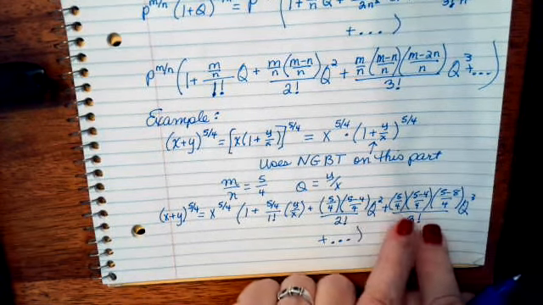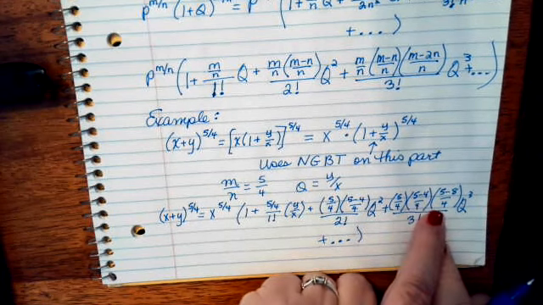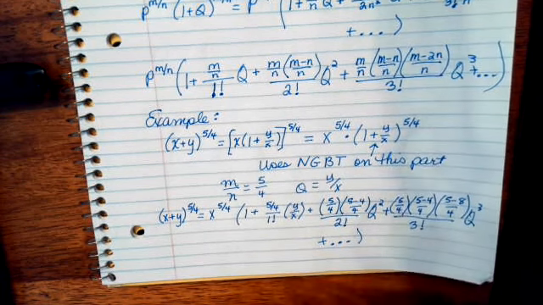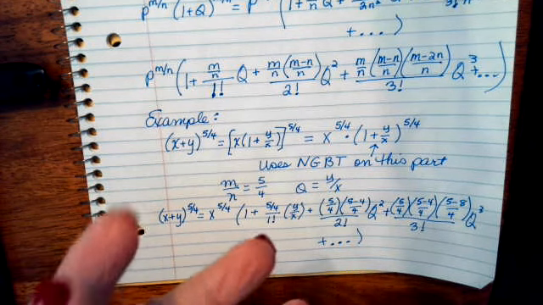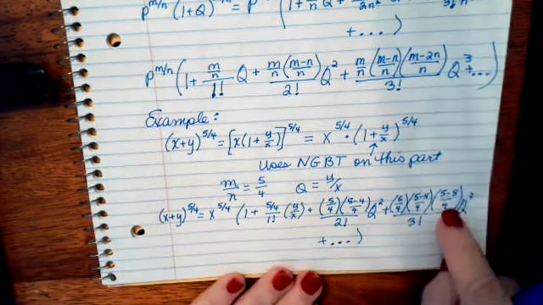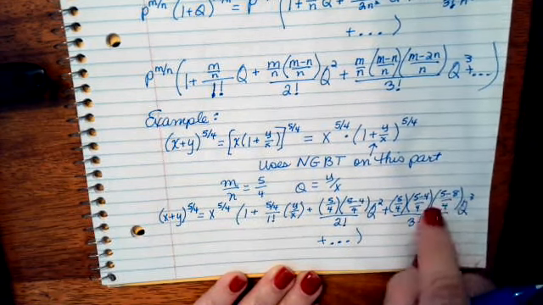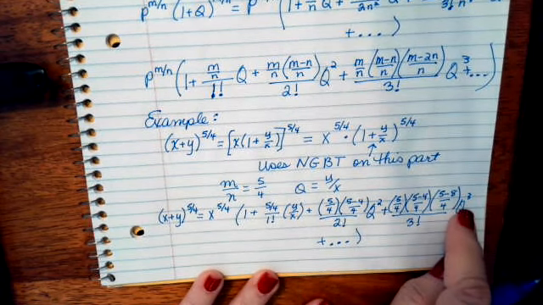In the next term, I've got 1 1/4 times 1/4 times negative 3/4. And then in the next one, I'll have 1 1/4 times 1/4 times negative 3/4 times negative 1 3/4. What you're doing in that numerator each time is subtracting 1 from the number inside the parentheses.